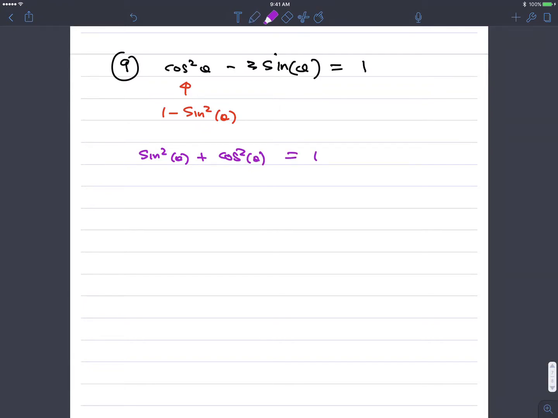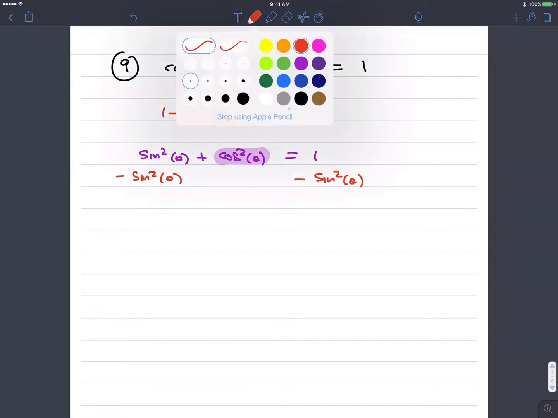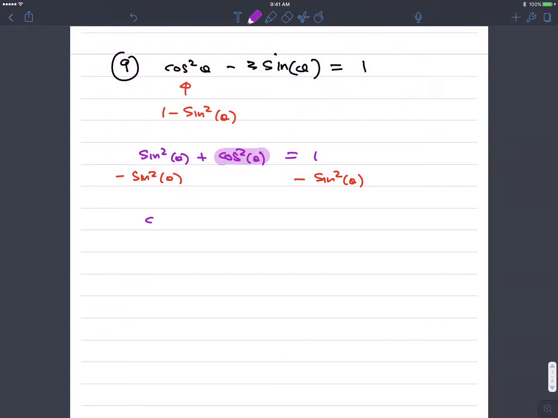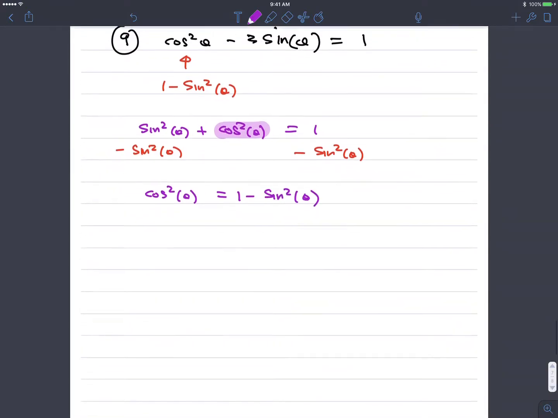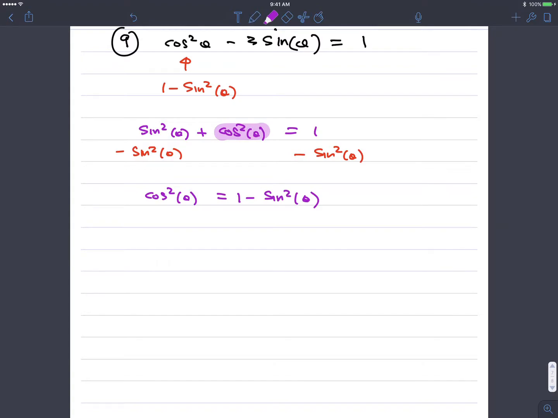I can solve for cosine squared theta by subtracting sine squared theta from both sides. So you guys should recall that this now gives me cosine squared theta equals 1 minus what? Sine squared theta.